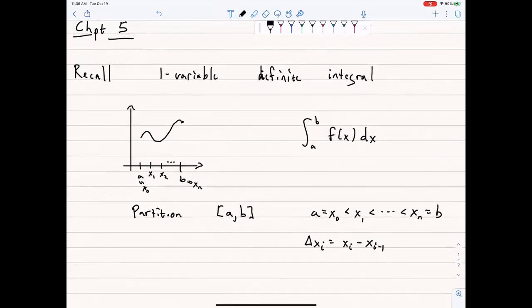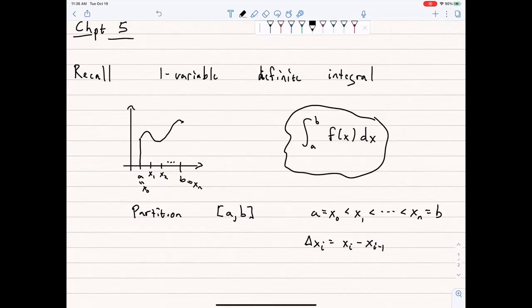And what's the goal? At the end of the day, we want this to represent the area here. That's a hard kind of notion for an arbitrary function. So what we do is we take this breakup and we can imagine drawing these lines here.